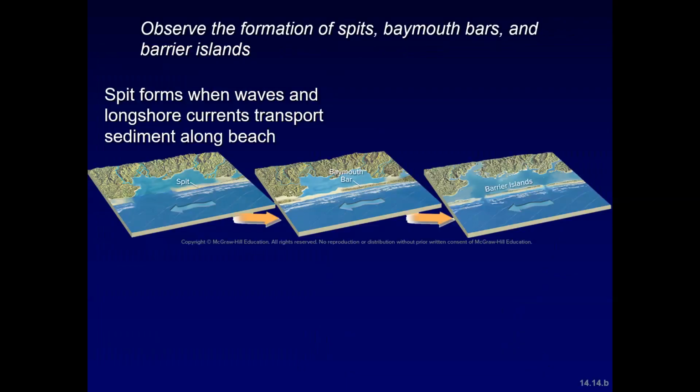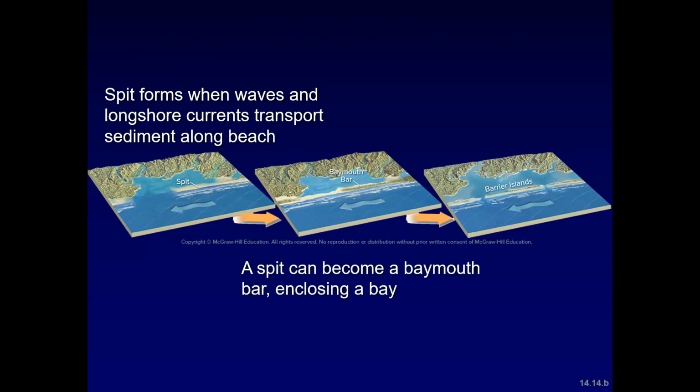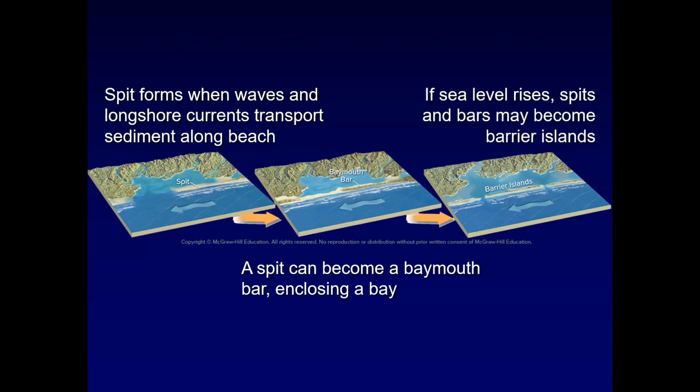A spit forms when waves and longshore currents transport sediment along a beach. So here's a little spit. A spit can become a bay mouth bar enclosing a bay, so completely closed. And if you have sea level rising, the spits and bars can become barrier islands, which are always changing, constantly moving around. They're really cool to visit, but maybe building on them could be dangerous because it's a very dynamic area, right?